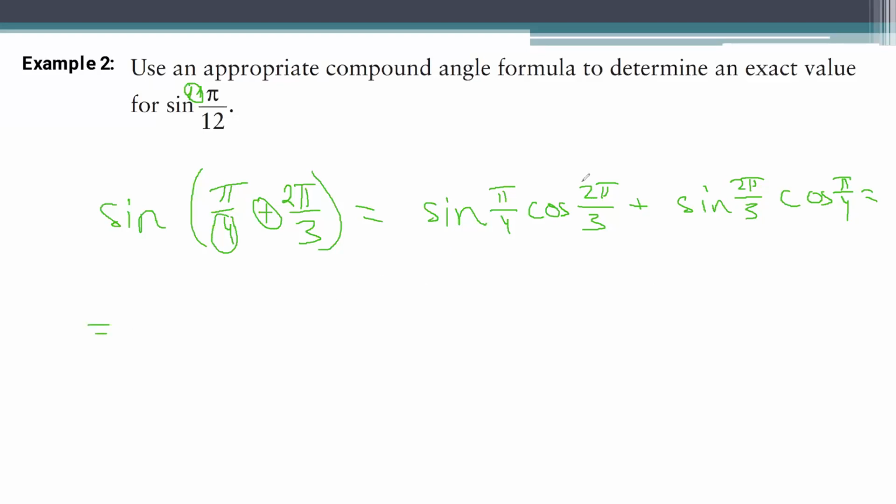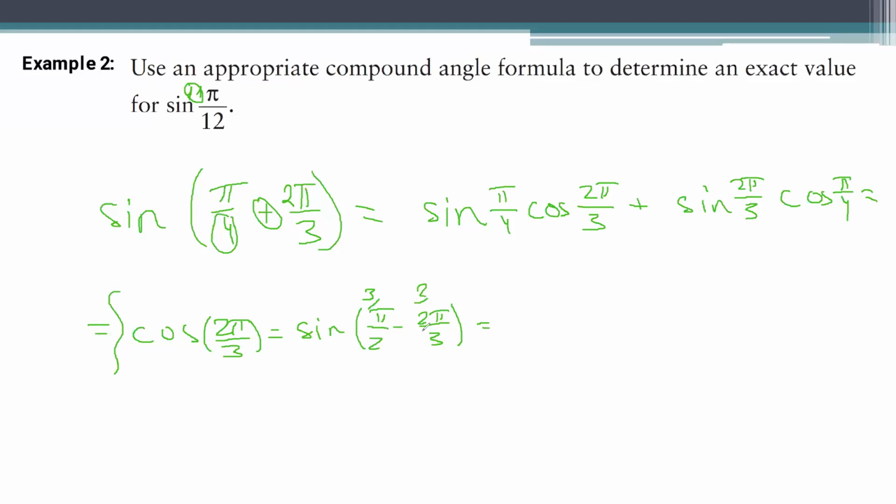So now let's convert cosine of 2 pi over 3 so we can evaluate it. It's a multiple of pi over 3, but we also can write it as cosine of 2 pi over 3 equals sine of pi over 2 minus 2 pi over 3. For a common denominator, it's going to be this times 3, this times 2.